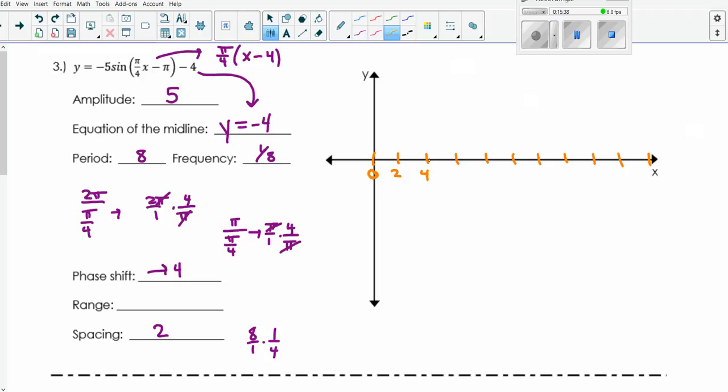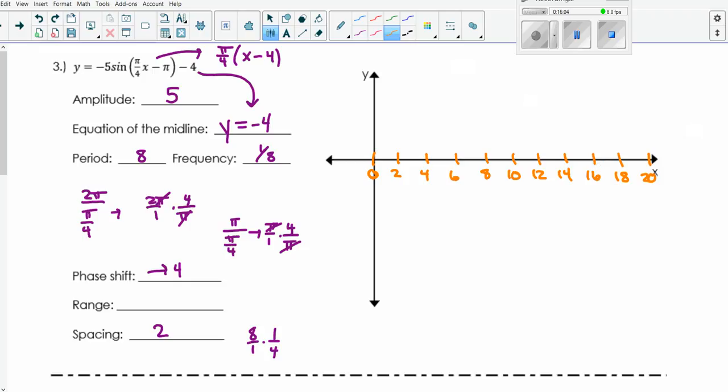This is where I'd start. So from here I have to jump 8 times. So 1, 2, 3, 4, 5, 6, 7, 8. So this would be 2, 4, 6, 8, 10, 12, 14, 16, 18, and 20. Okay, so I'm not going to graph anything at 0 and 2, but it's nice to help me get a good spacing and make sure that it's consistent.